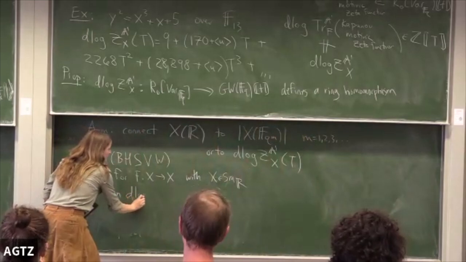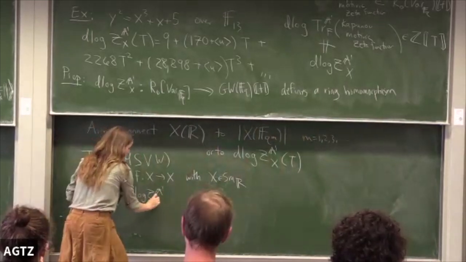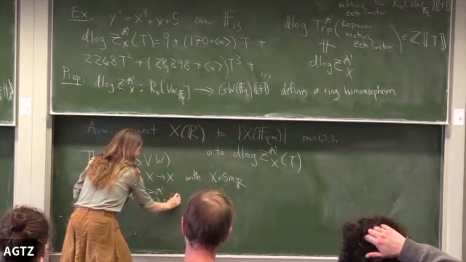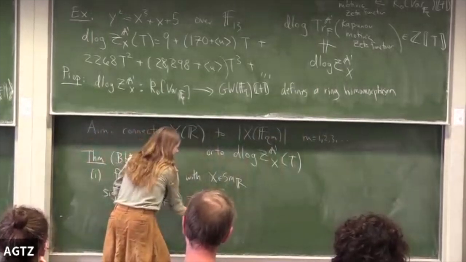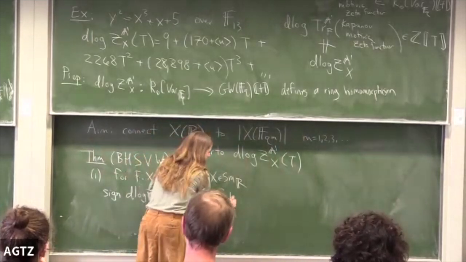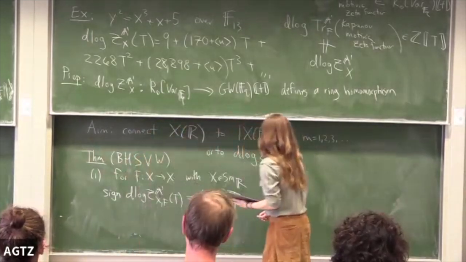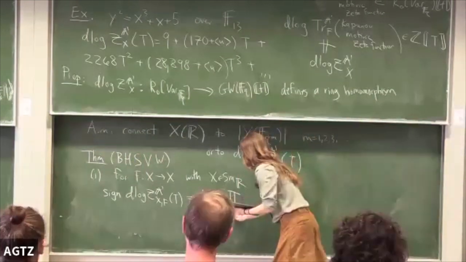of d log zeta A1 of X, f of t has to be equal to d by dt log of the characteristic polynomials of the real realization of f.